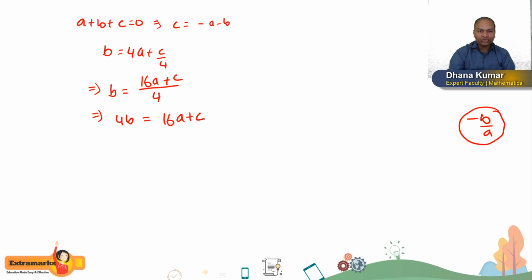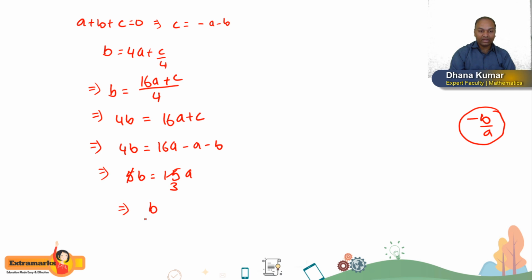Put the c value here: 4b is equal to 16a, c value minus a minus b. Shift minus b to this side. 4b plus b, 5b, is equal to 16a minus a, 15a. Here 5 1s are 5, 5 3s are 15. Correct now? a shift this side.